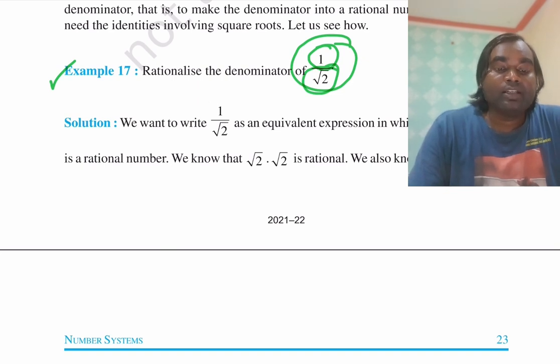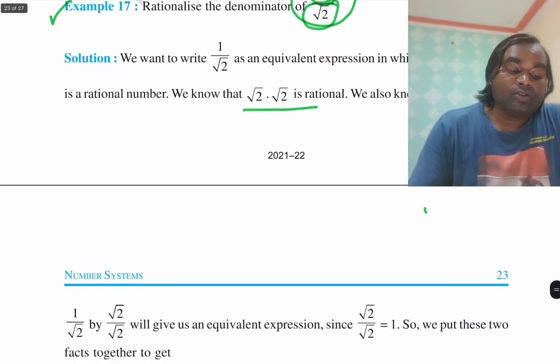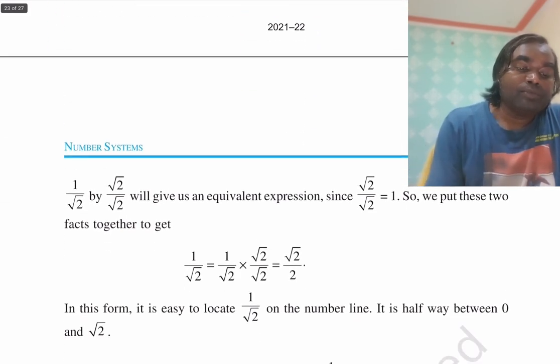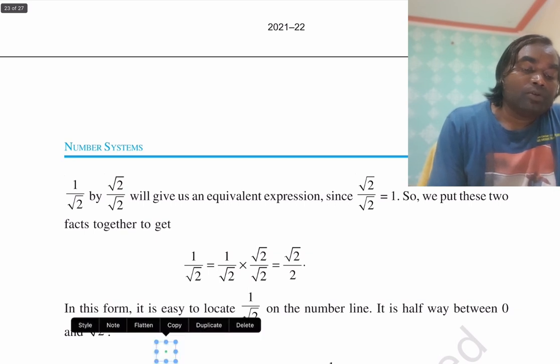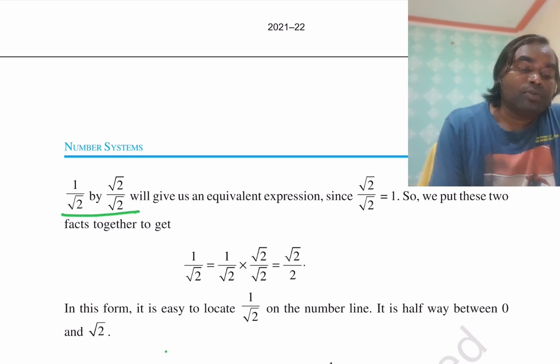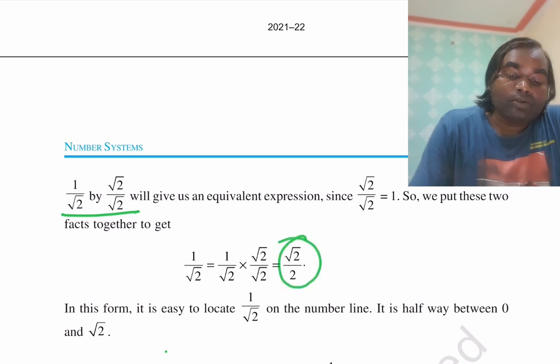Then if you multiply both by square root 2, the denominator will give 2, and you will get this value, right? So half of square root 2, that is rationalized.